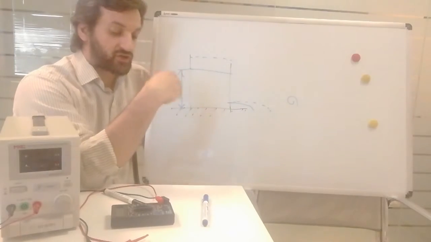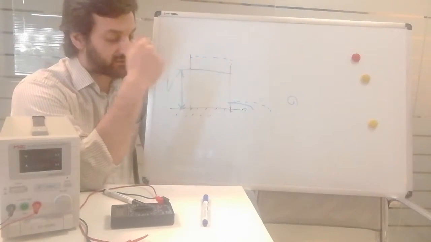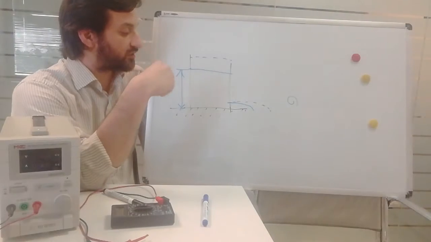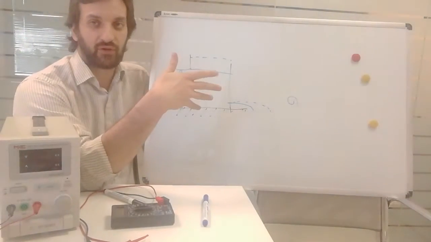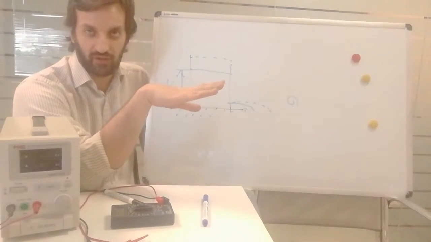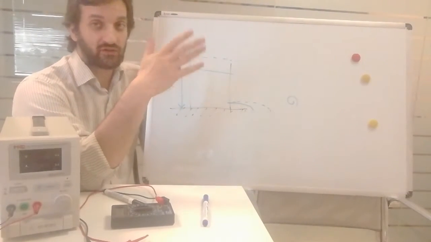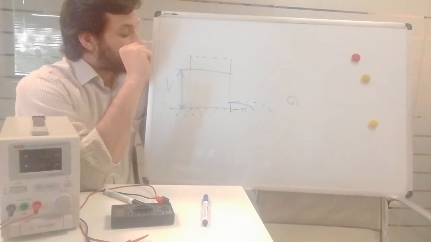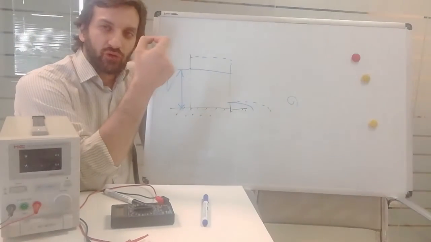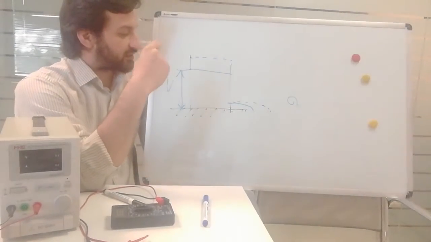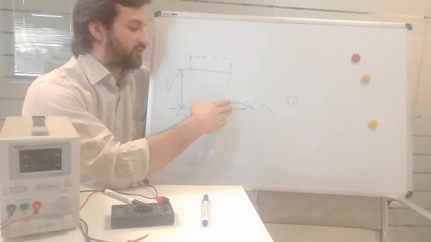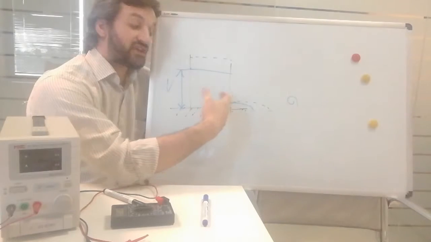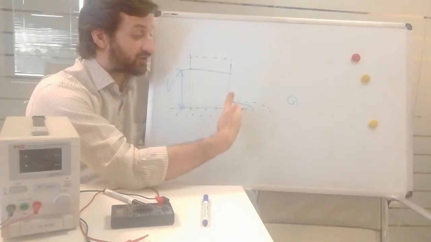So voltage is measured in volts and current is measured in coulombs per second or ampere. They mean the exact same thing. Coulombs per second, ampere. What's nice about coulombs per second is that there is a much better analogy with the liters per second in a hydraulic system.